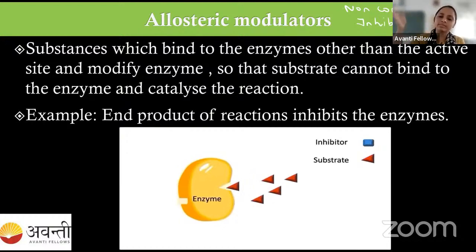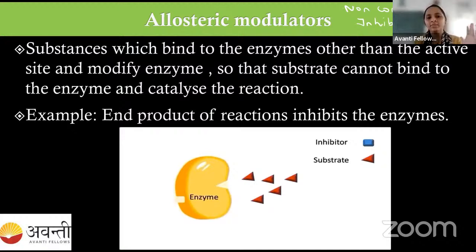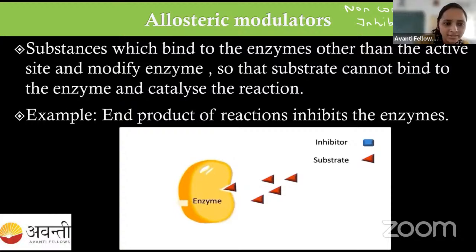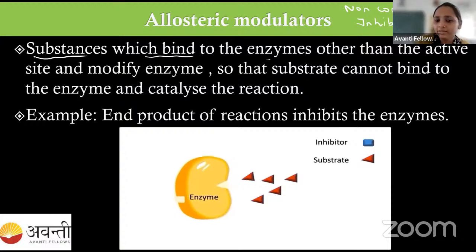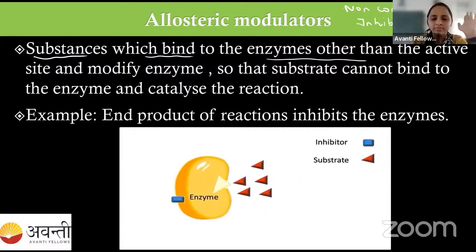The substrate will bind to one site and the inhibitor will bind to a different site. That's why we call it non-competitive inhibition. But there also it is affecting, right? How is it affecting? The inhibitor is a substance that binds to the enzyme other than at the active site. Your inhibitor is not binding to the active site, but to the allosteric site.